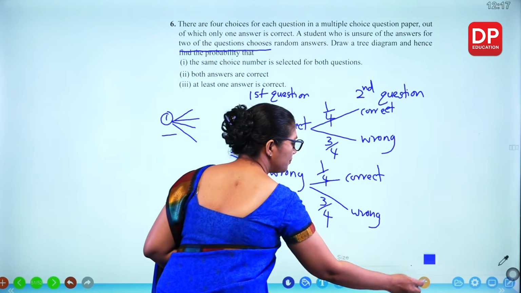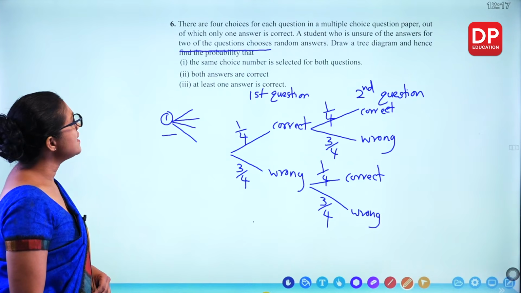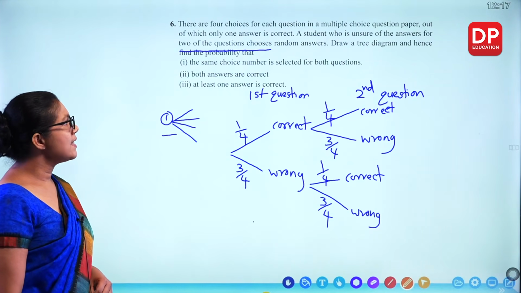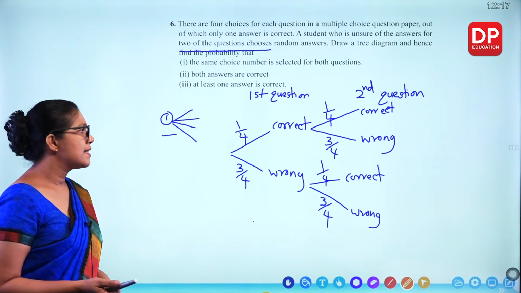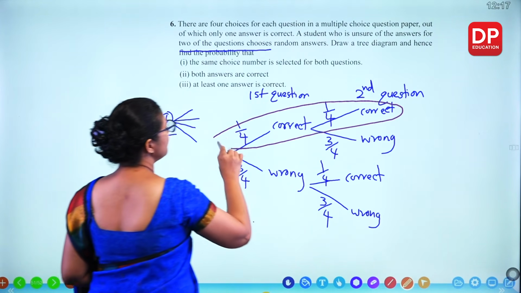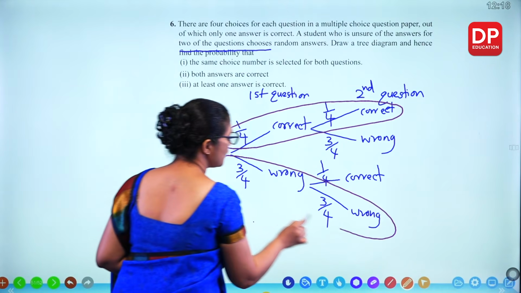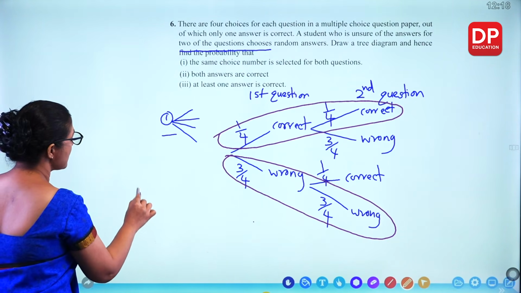Now we'll try to answer the questions. First part, it says the same choice number is selected for both questions. Same choice means either you can get both correct or both wrong. Those are the 2 possibilities. So how can you find the first part?